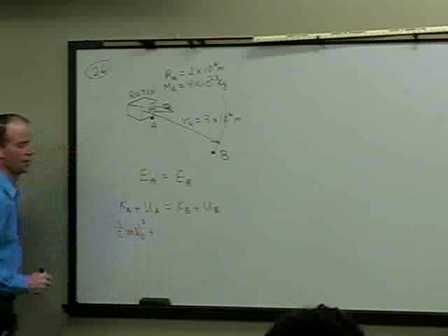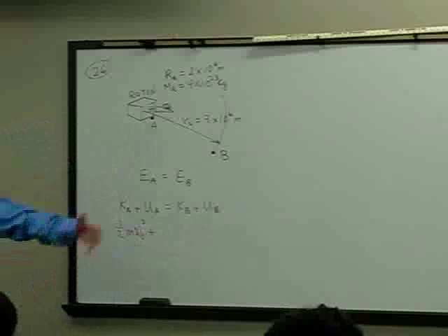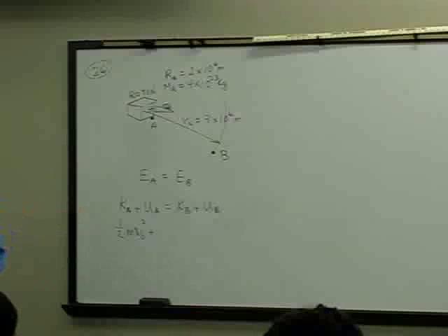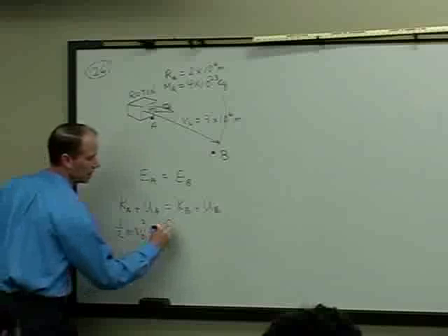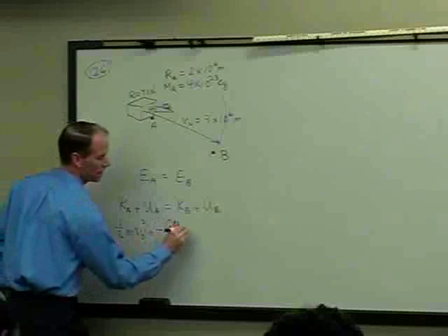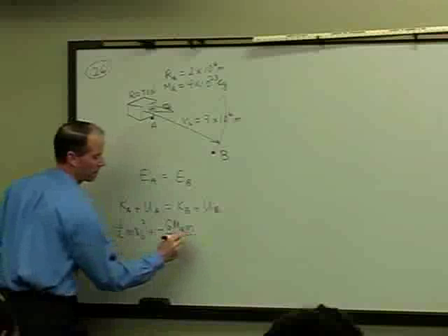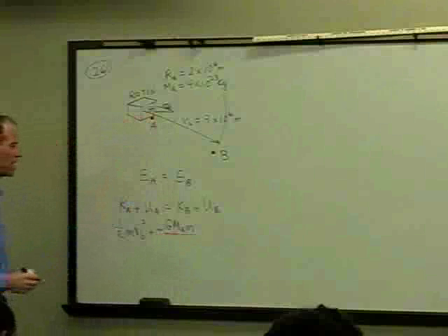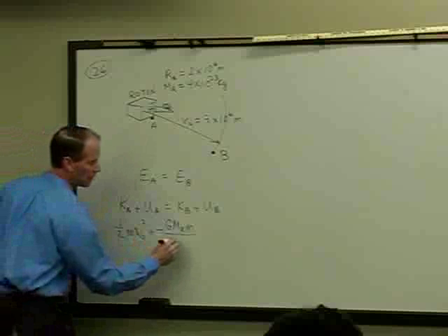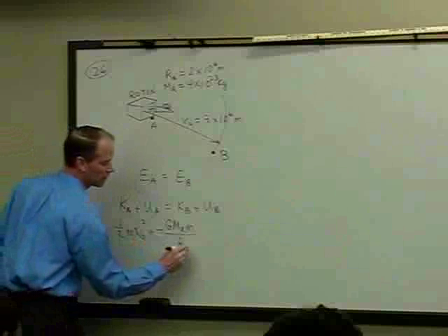Our potential energy at A is due to our gravitational binding to Rotan, so that's going to be negative G times mass of Rotan times mass of the spacecraft, over our distance from the center of Rotan, which at this moment is the radius of Rotan.